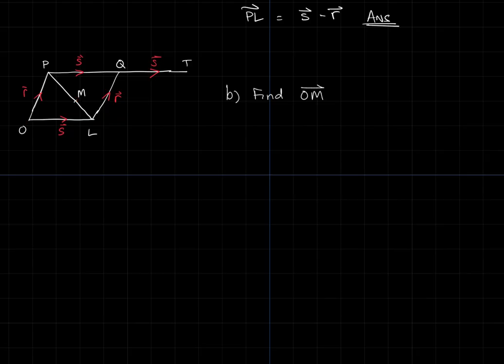Well, we can go from O to P and then from P to M. So we write that OM is equal to O to P plus P to M. All right. O to P, we already know that is R. And P to M, do I have an expression for that?